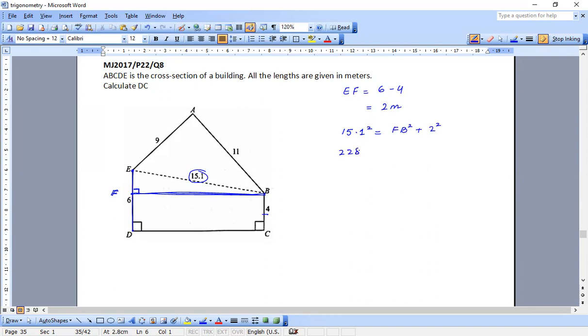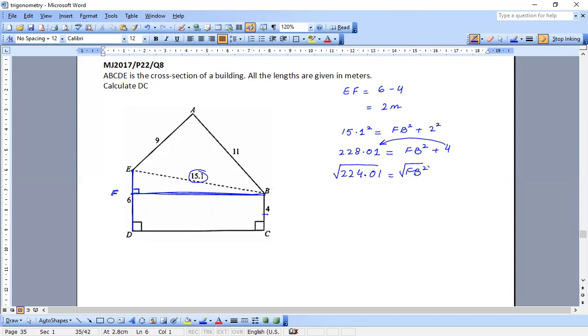So 228.01 is equal to FB squared plus 4. Then I'll take this 4 to the other side. This 4 is subtracting over here now. So 224.01 is equal to FB squared.